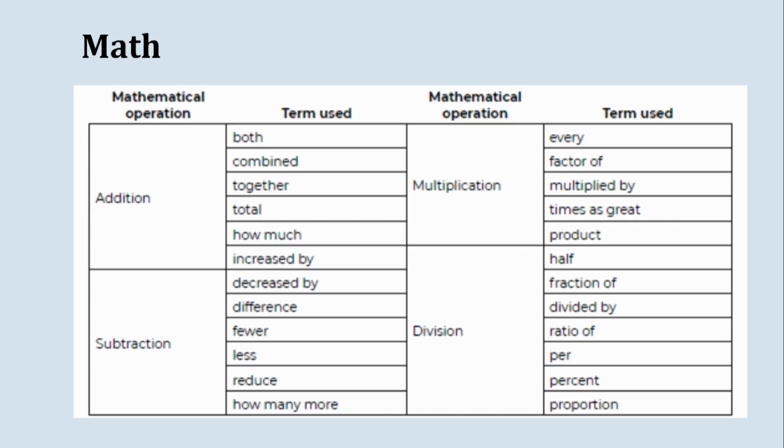This is the word you use: the answer to a subtraction question is known as the difference. Okay? The answer to a multiplication math problem is called the product. Those are just some words we want to get kind of familiar with. If you see these words on the test or the passage, those are the math operations they're really asking you to do.